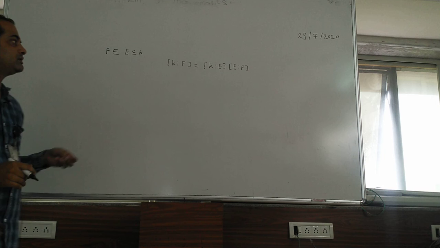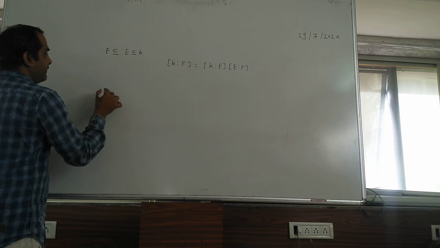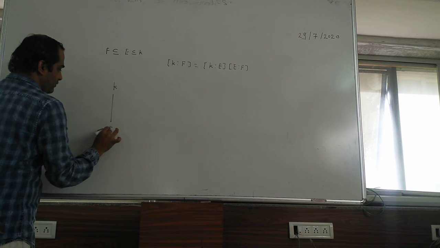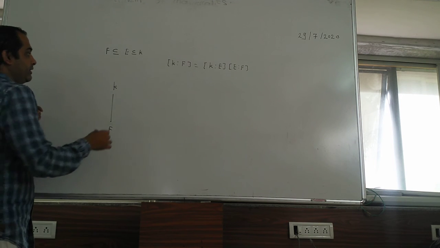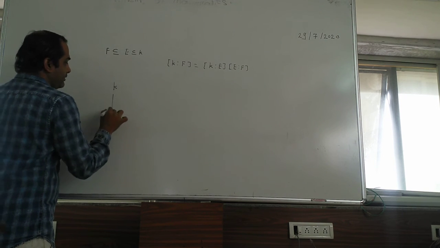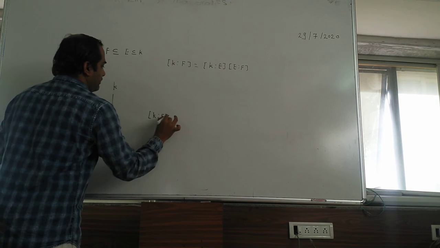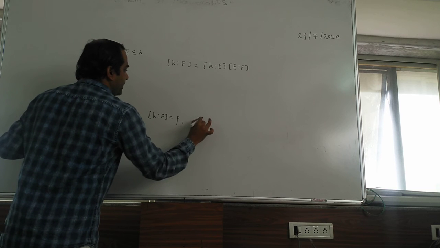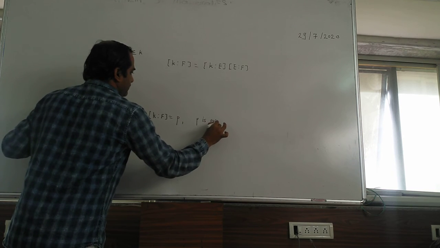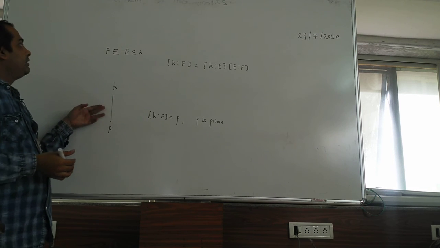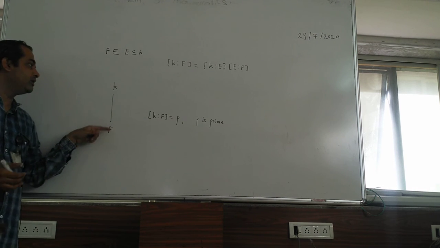Just have a last problem. If the degree of extension K over F is a prime number P, can I have any extension E in between?